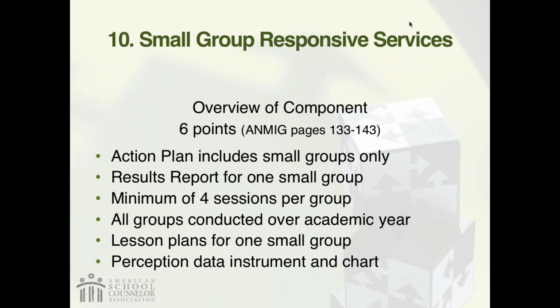You also provide the lesson plans for one of those small group experiences, not one small group session, but one small group, all the lessons for all the sessions. And in addition, you have to provide the perception data instrument and chart for that one group that you submit as your exemplary lesson plans.